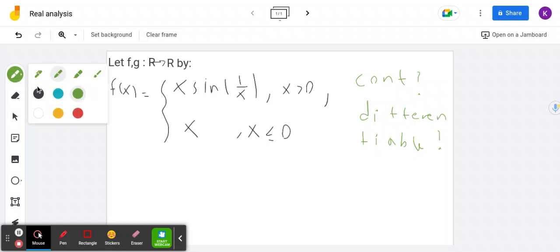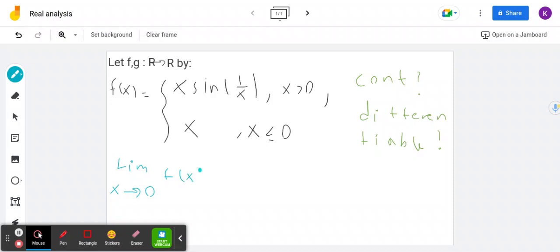So first of all, to show continuity, there's a rule that we should know. For f of x to be continuous at a point, the limit as x approaches that value, in this case 0, of f of x should be equal to the function evaluated at that point, f of a, or in this case, f of 0.